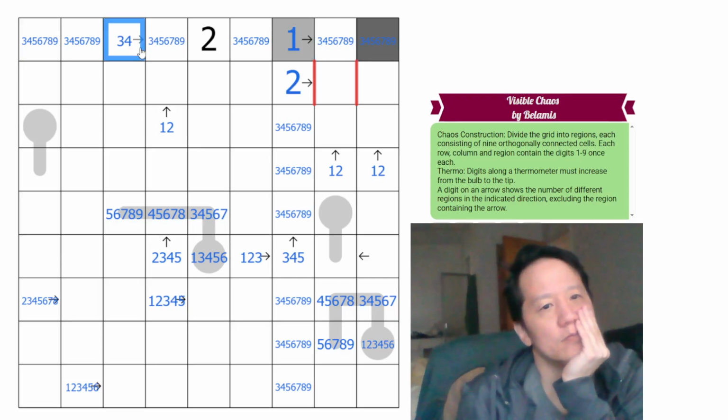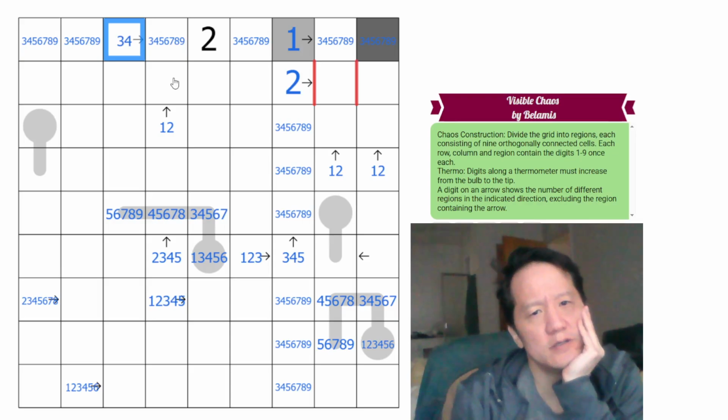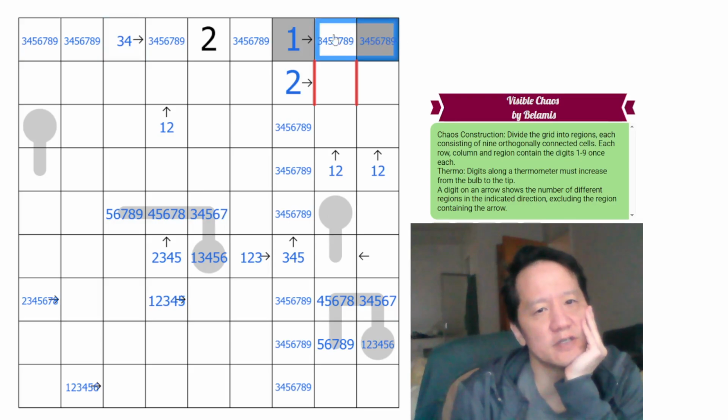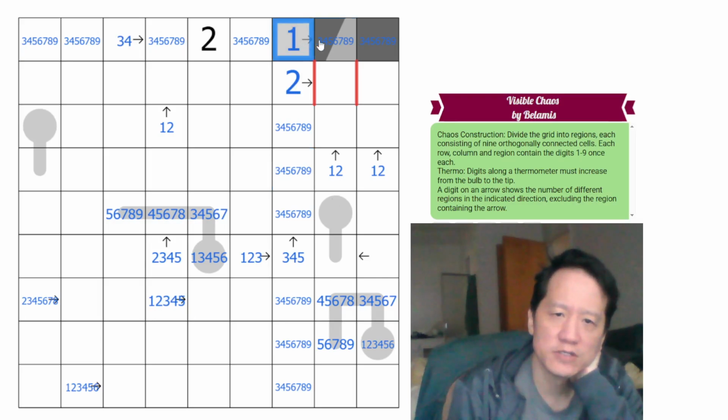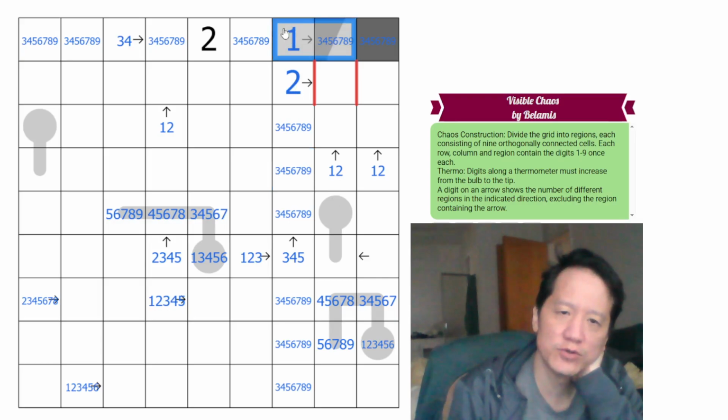This could actually be, this could, no, it can't be 6, because again, this is only 1 here. So either this is the same region as that, or it's the same region as that. So this actually does have to be either the medium gray or the dark gray, because this only points to one region excluding its own region.